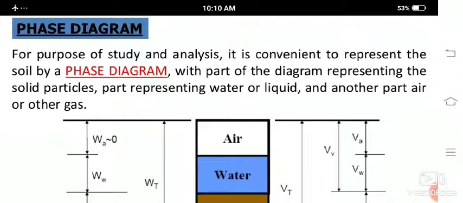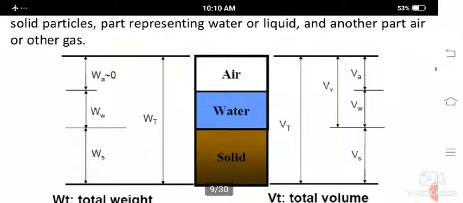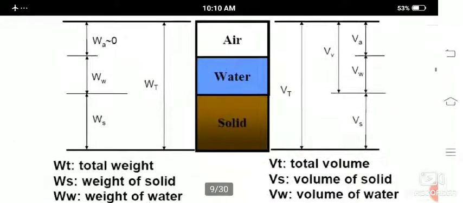As we all know, this three-phase diagram represents the solids, air and water, and these soil particles represent the water or liquid, and the other part will be either air or any other gases. WT indicates the total weight, WS indicates the weight of solids, and WW indicates the weight of water.